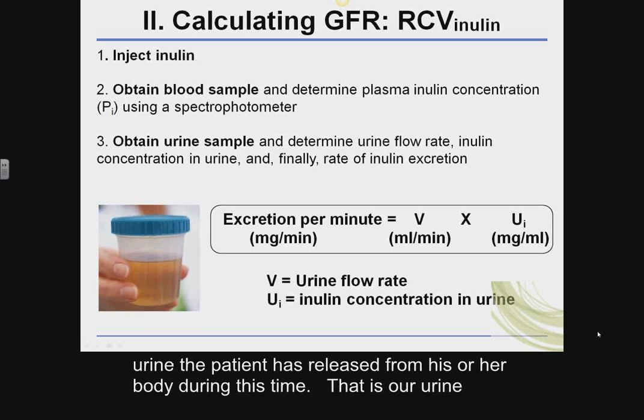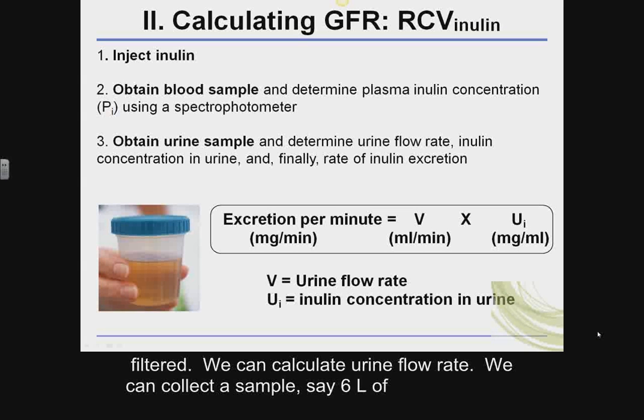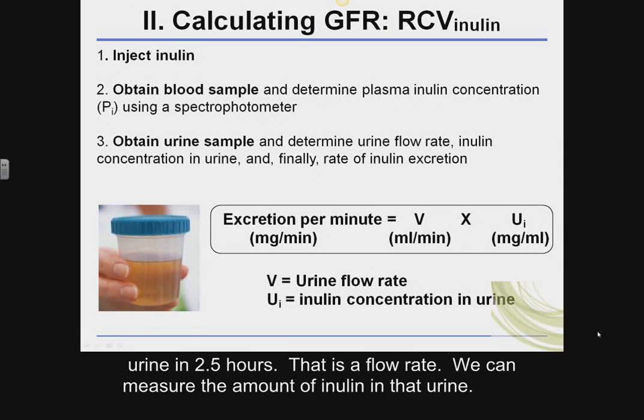We can also measure the amount of inulin that comes out in that urine. It is, of course, a substance that is freely filtered, and therefore we can calculate the amount of inulin excreted in that urine. We can collect a sample of, say, 6 liters of urine in 2.5 hours. That is a flow rate. We can measure the amount of inulin in that urine.